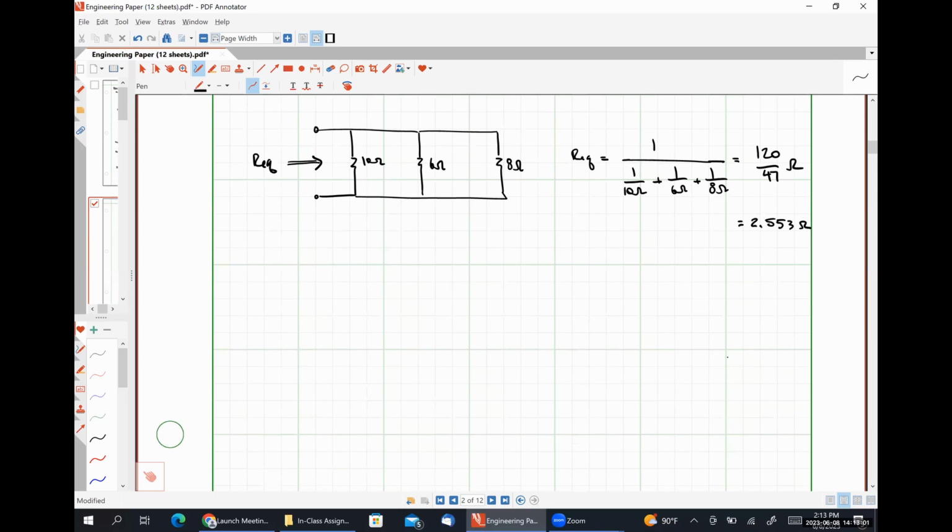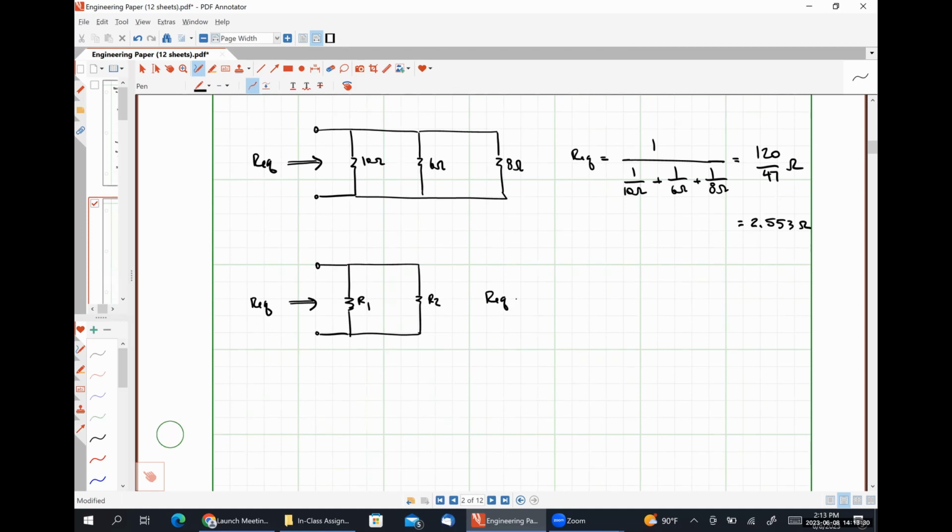So what if I have a network that only contains 2 resistors in parallel? Let's call this guy R1, and this guy R2, and we're looking for REQ, right?